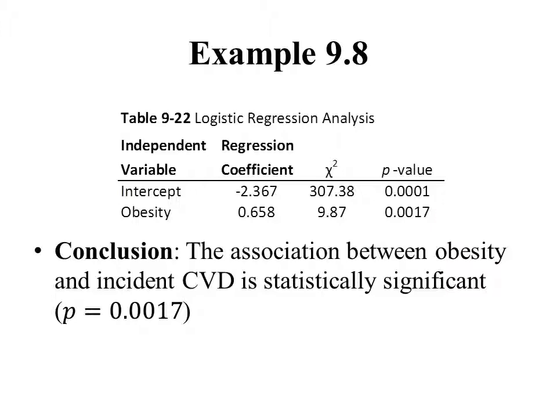That p-value is small, and so that means that obesity is significant. So our conclusion here was that the association between obesity and incident cardiovascular disease is statistically significant, and the associated p-value is 0.0017.